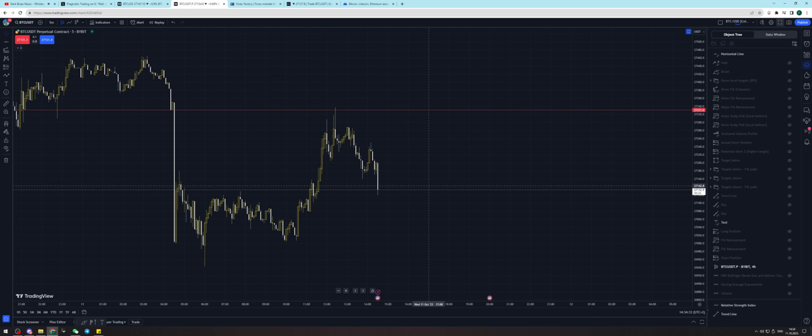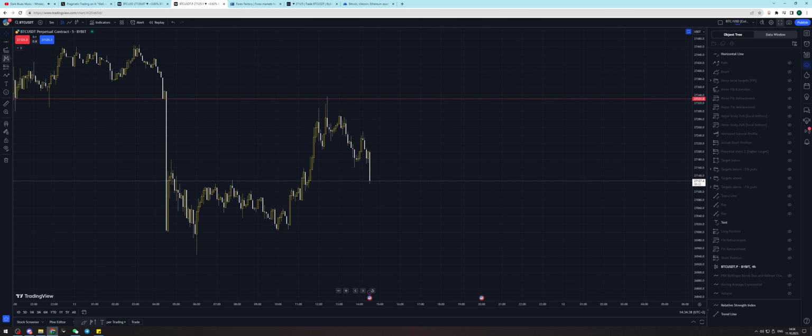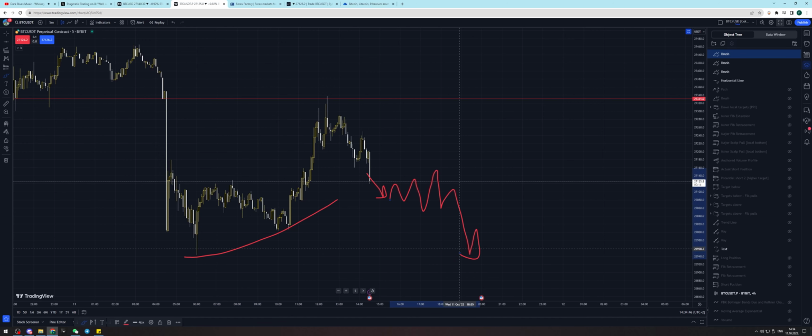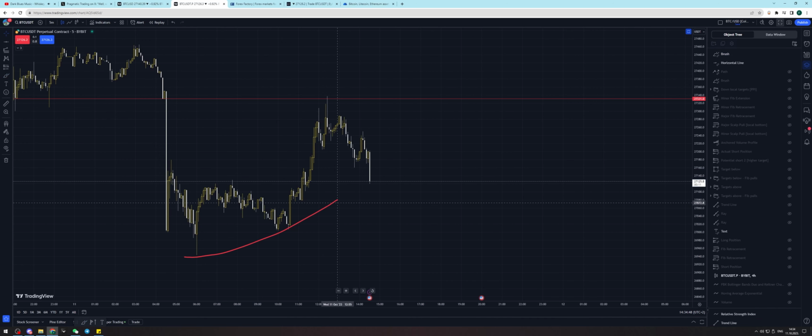So I wouldn't lose any more time. I've talked about the possible outcomes. Of course, yes, we can take these lows today if this reaction continues, but of course we will have a choppy area before we continue down, if we are going to continue down and take these lows.